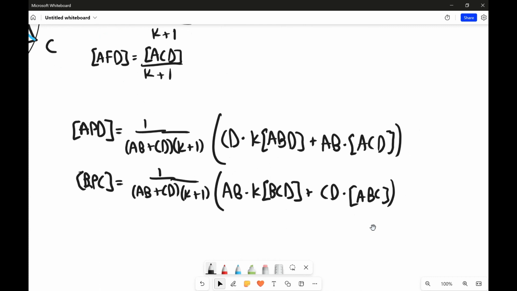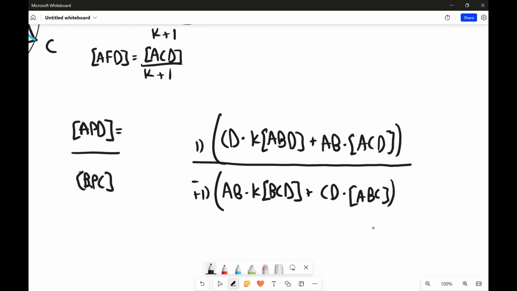All right, so after we divide this entire thing, we get that this ratio here, because this constant cancels out, is equal to this big thing here. And we want to show that this is independent of k.